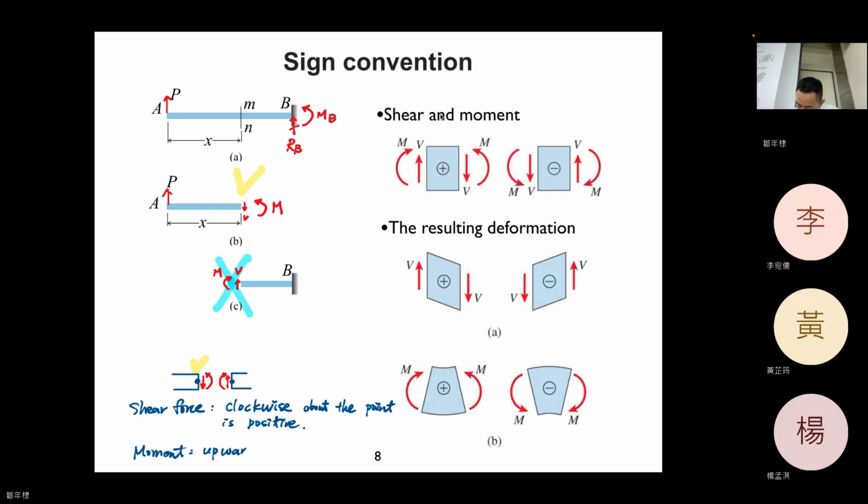Upward is positive. 好烂的英文哦，positive. I'm sorry. You can see that I previously used Mandarin Chinese to write it, and now I need to translate it instantly. So really bad translation, but I hope you can understand what I'm talking about.